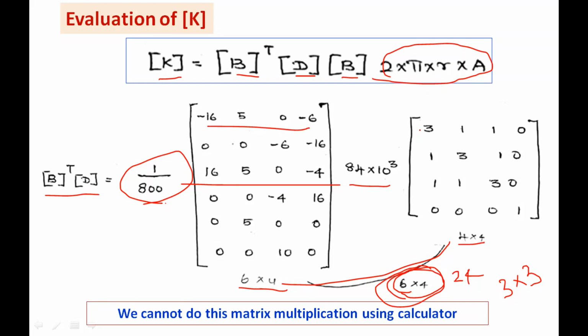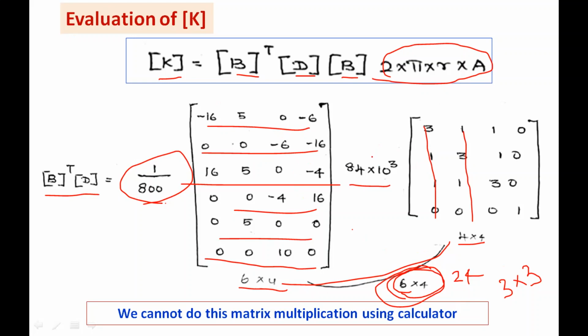The first row multiplied with the first column gives the first element. Similarly, the first row multiplied with the second column gives the second element. Like that you have to form each row. Then the second row gives the second row of the resultant matrix, and we do the same for all 6 rows. Since we have some zeros in the matrix, the multiplication will be somewhat easy.